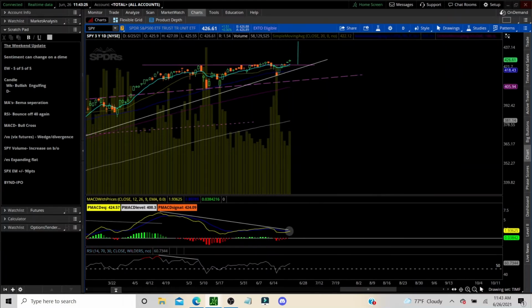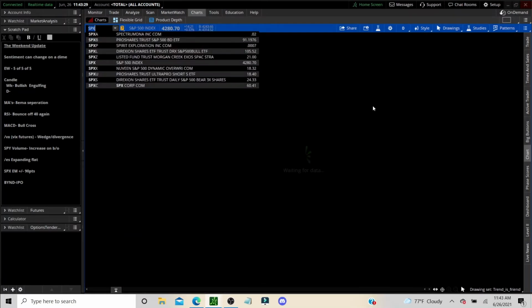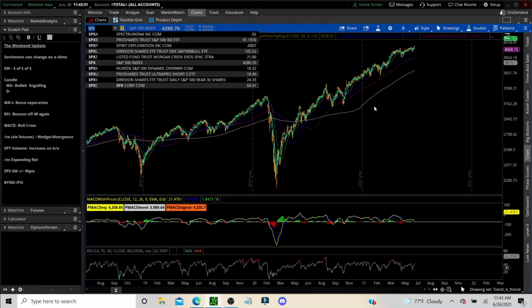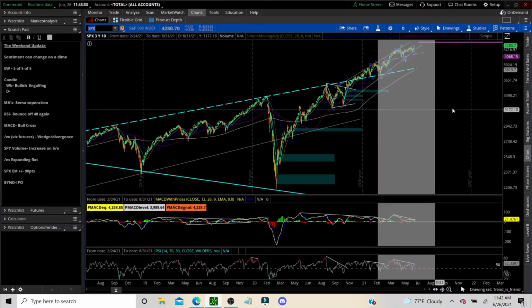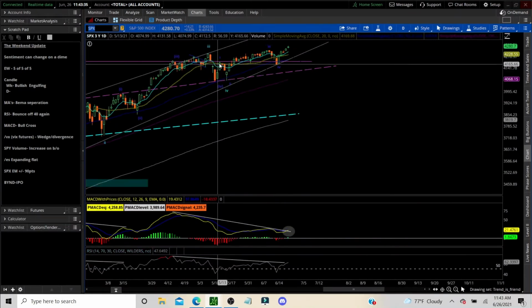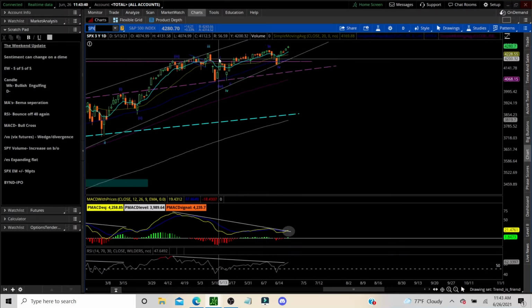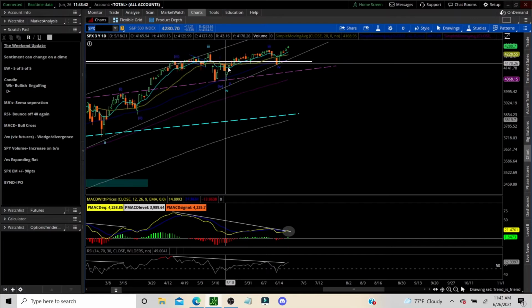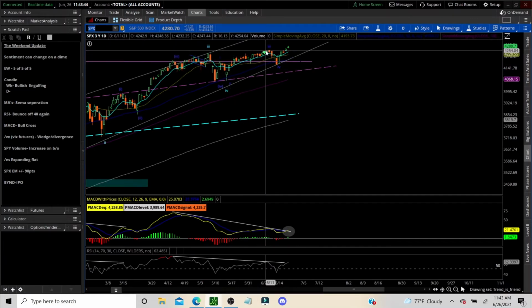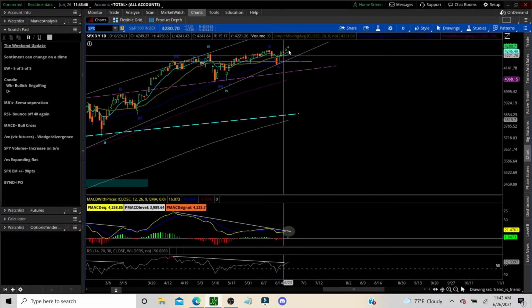Okay, let's go back over to the SPX. I missed something there. I wanted to show you that real quick. So this next move here is looking like an expanding flat, which means that the first wave has to be smaller than the third wave, which has to be smaller than the fifth wave.